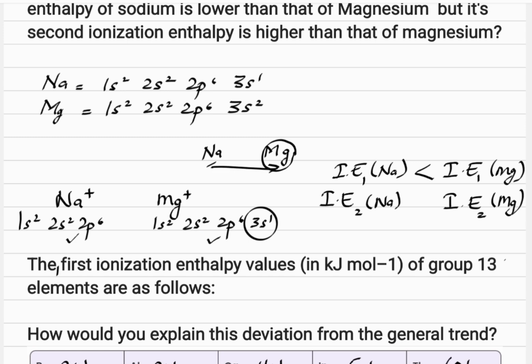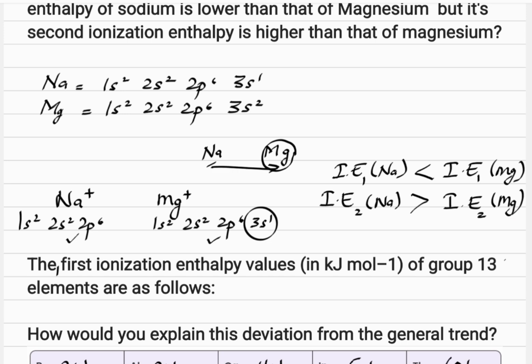So magnesium plus is looking forward to losing one more electron and therefore achieving the noble gas configuration, whereas sodium ion does not want to lose any more electron. Therefore sodium has a very high second ionization energy, and magnesium has comparatively much lower second ionization energy.